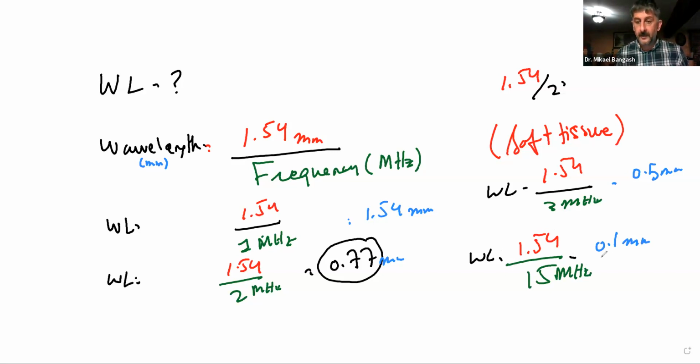Where 0.1 is the same as saying 1/10. Or you can say 0.1 multiplied by 10 raised to the power minus 3 of a meter.